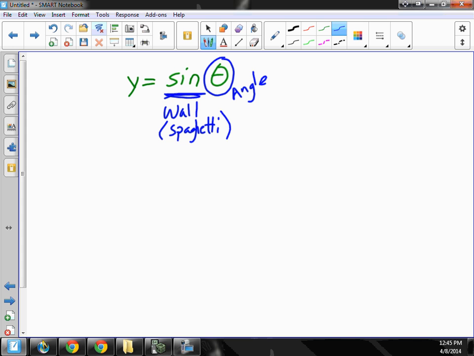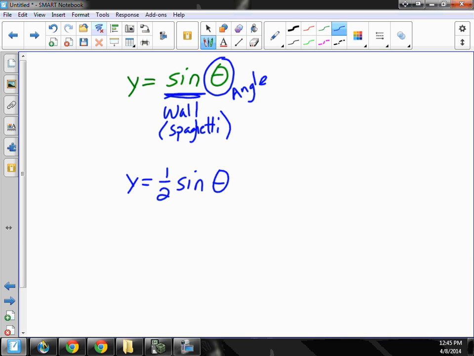For instance, if I had y equals 1/2 the sine of theta, what do I need to do? Cut what in half? Well, the graph has two directions, right? It has angles going left and right, and it has spaghetti going up and down. So what am I going to cut in half?